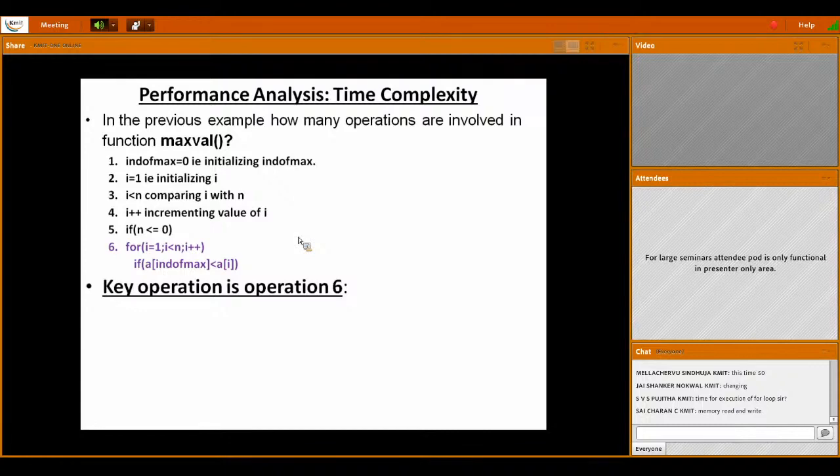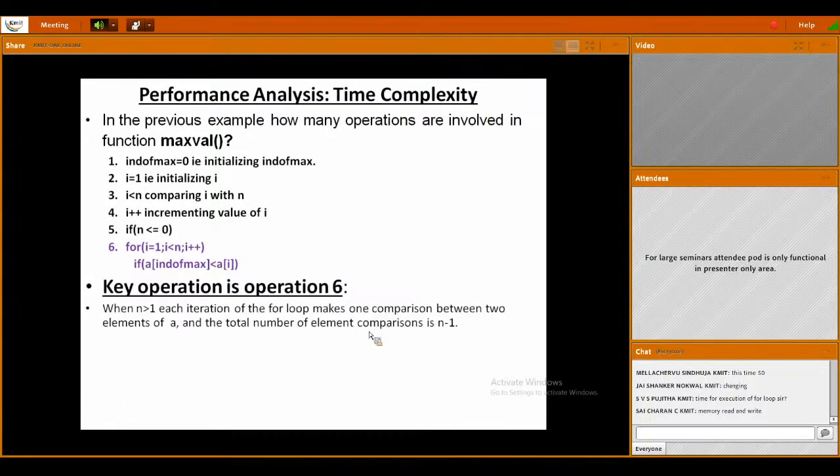From these six, we have to bring it down into a kind of mathematical model, and the most significant operation which is going to consume maximum time should be considered. So when n is greater than 1, each iteration of the for loop makes one comparison between two elements, isn't it?